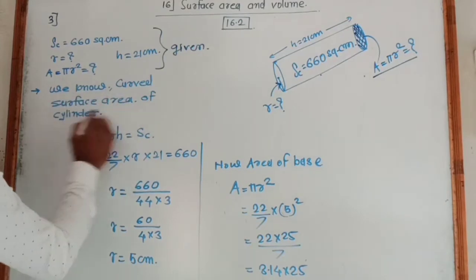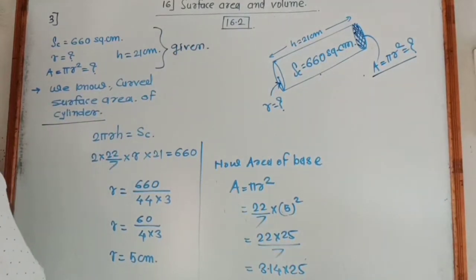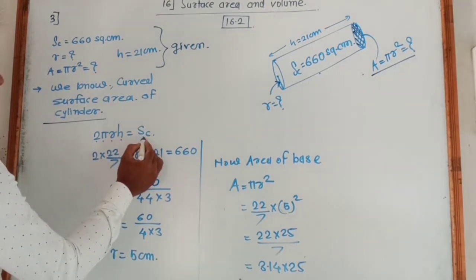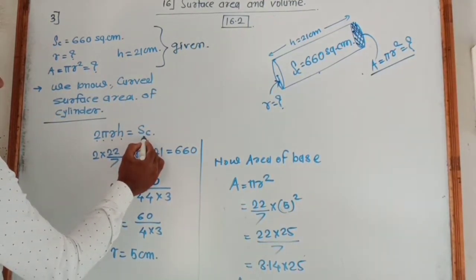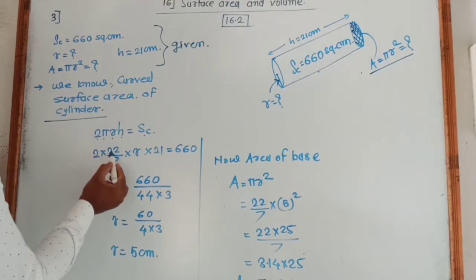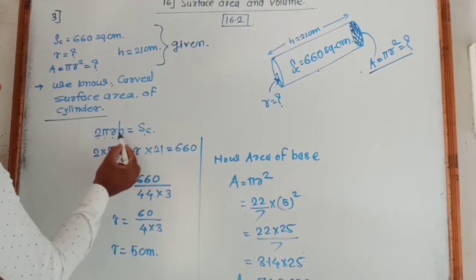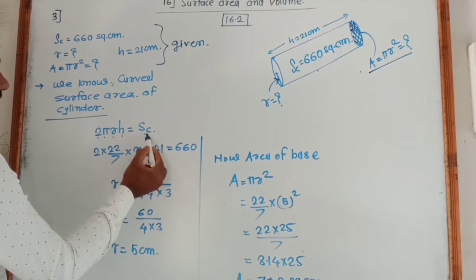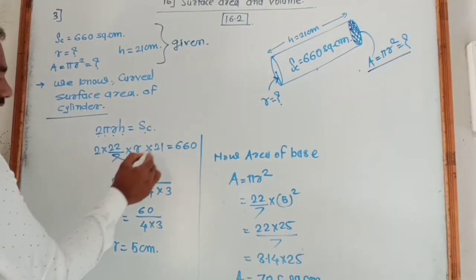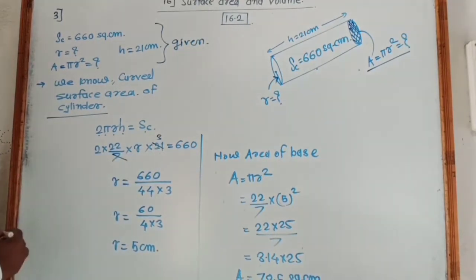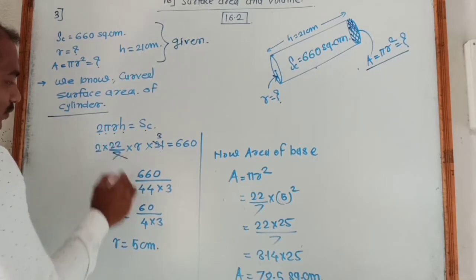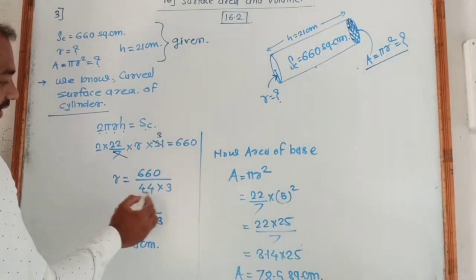So we know the curved surface area of a cylinder is 2 pi r h, that is equal to the curved surface area. So put the values. Value of pi is 22 by 7, h is 21, and the curved surface area is 660. 7 3s are 21, cross multiplication, 2 into 22 is 44.